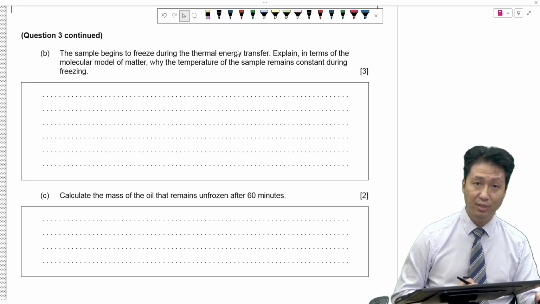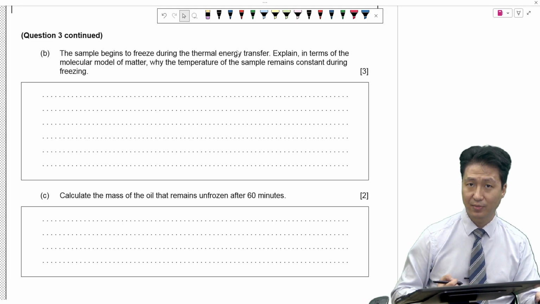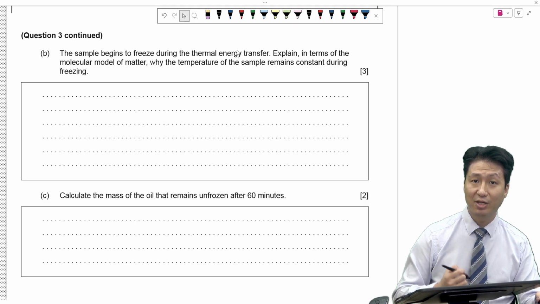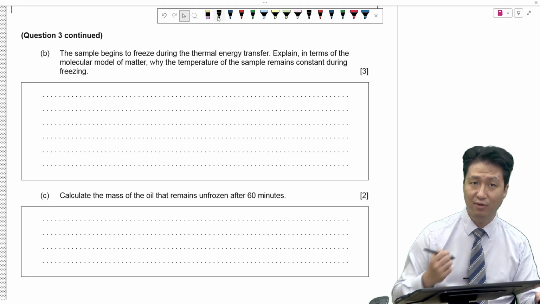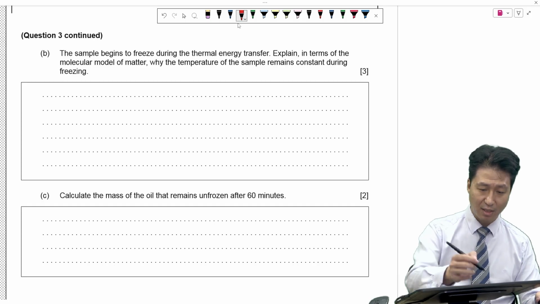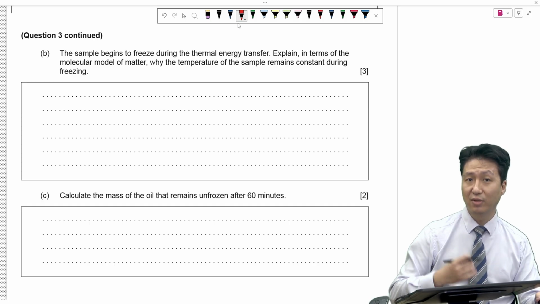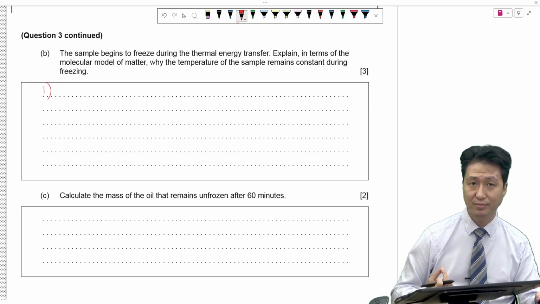On the next part of this question, it says, the sample begins to freeze during the thermal energy transfer. Explain in terms of the molecular model of matter why the temperature of the sample remains constant during freezing. So you can explain this in one of two ways. You can either use the concept of intermolecular bonds or intermolecular potential energy.